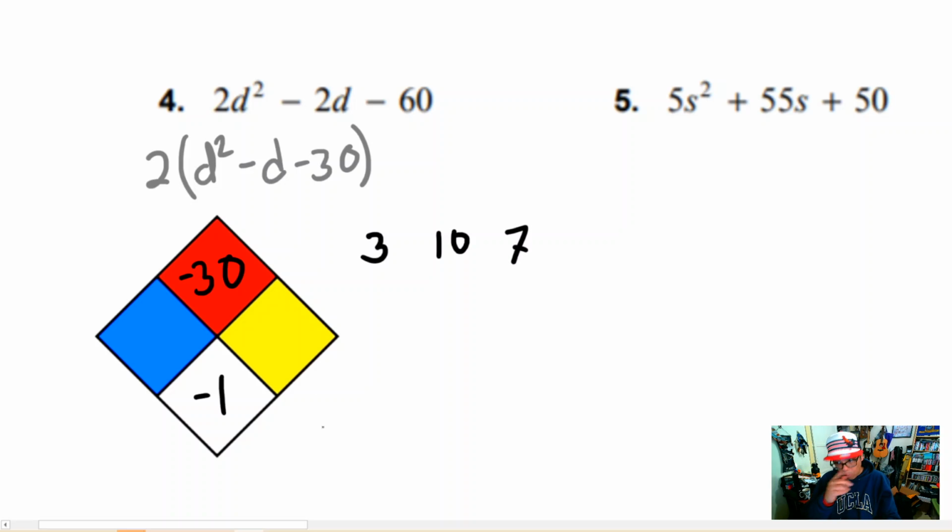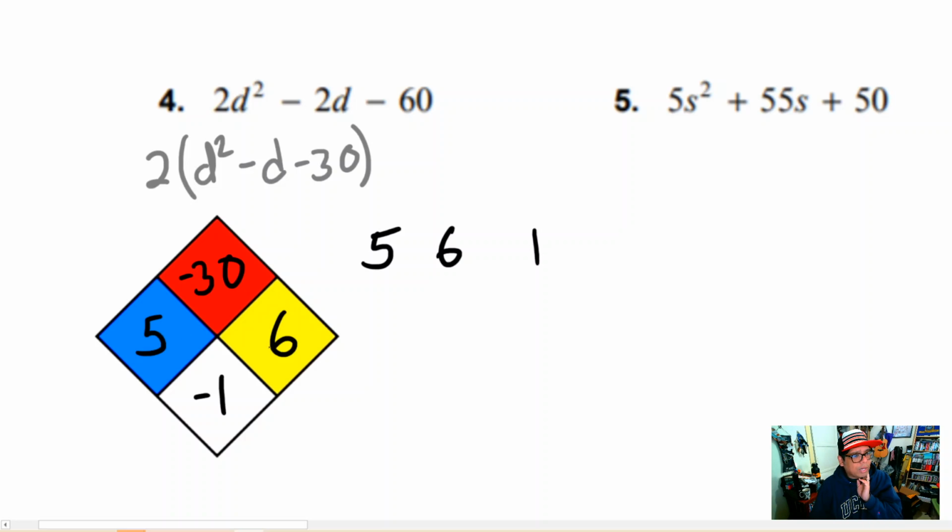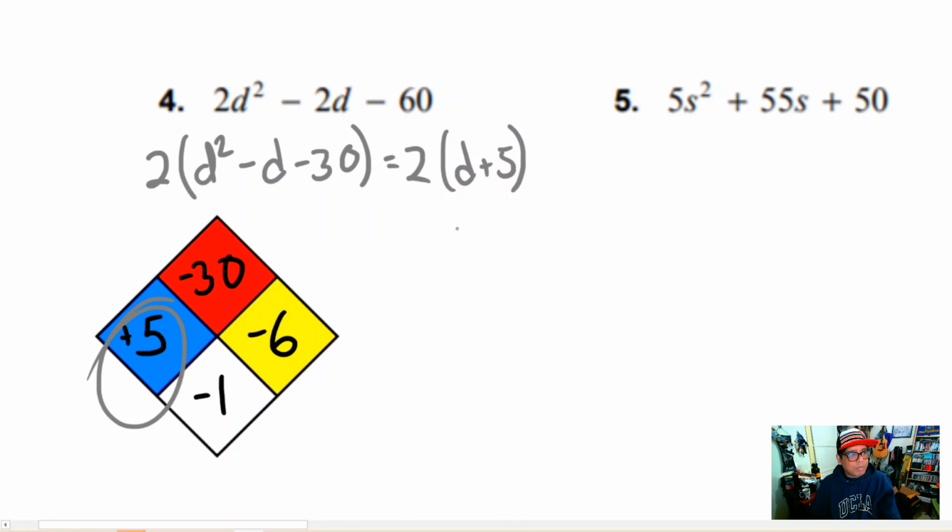Again, I need to get a 1, so this one doesn't work. 5 times 6 is 30, and 6 minus 5 is, oh, that's 1. All right, so let's put 5 and 6 here. And if I want to get a negative 1, I should make 5 positive and 6 negative. So the solution here will be 2, d plus 5, and d minus 6.